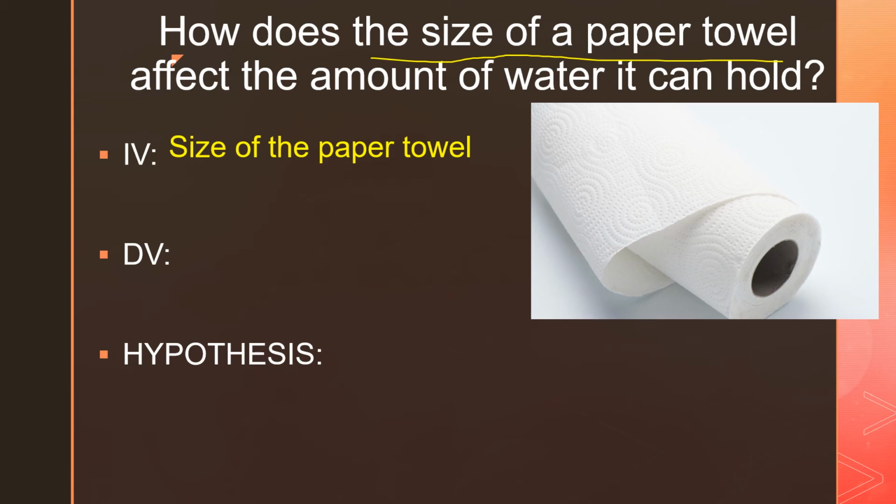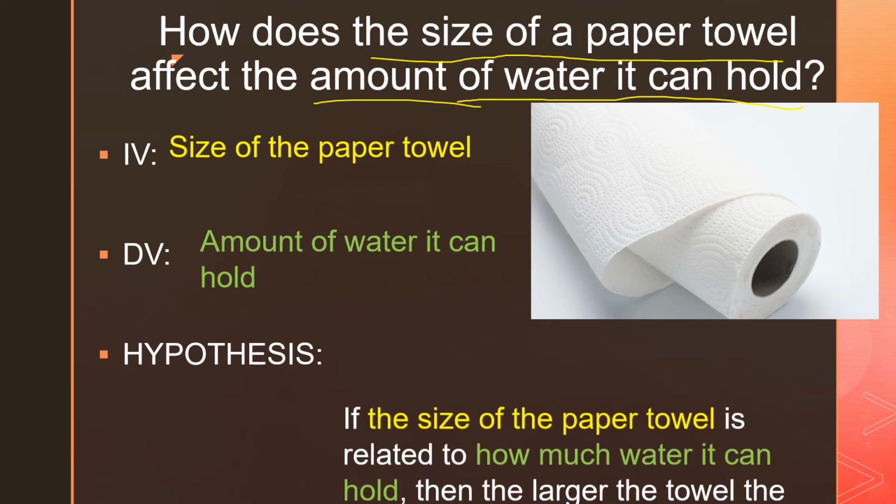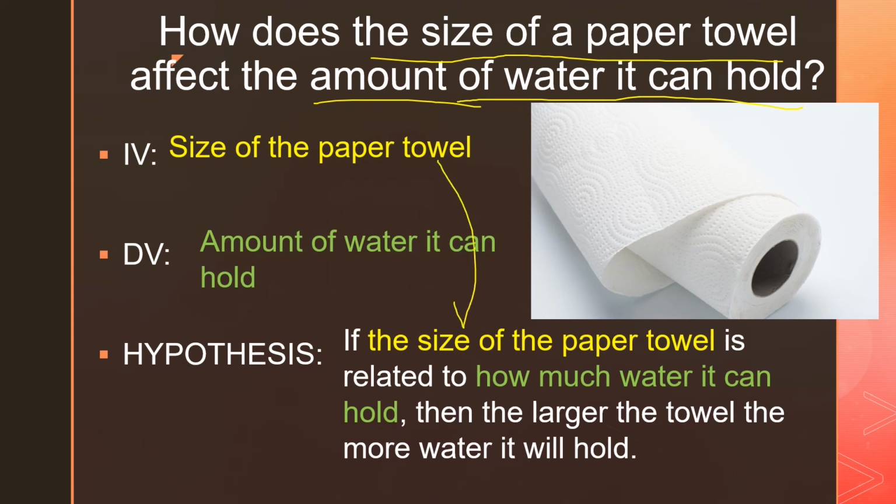And we want to see how it's going to affect and measure the amount of water it can hold. So maybe your hypothesis will look something like this. If the size of the paper towel is related to how much water it can hold, then the larger the towel, the more water it will hold.